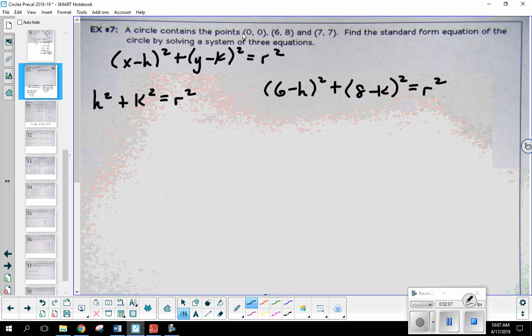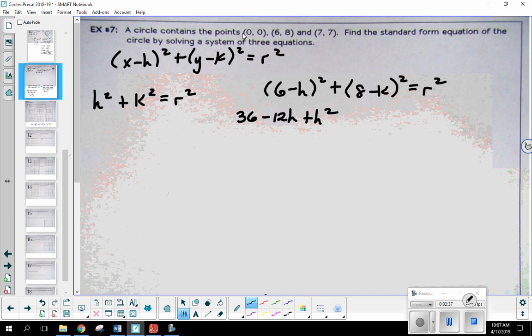What would (6 minus h) squared look like if I expanded it? 36 minus 12h. Perfect.